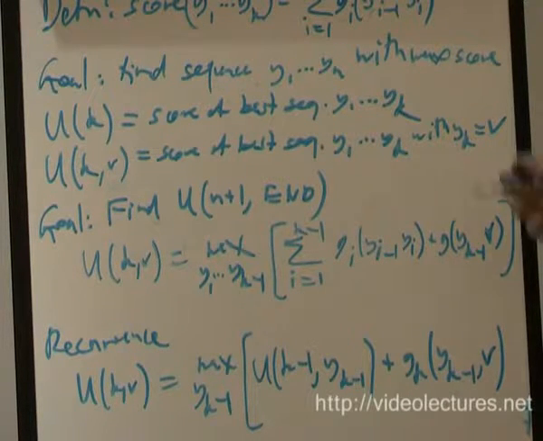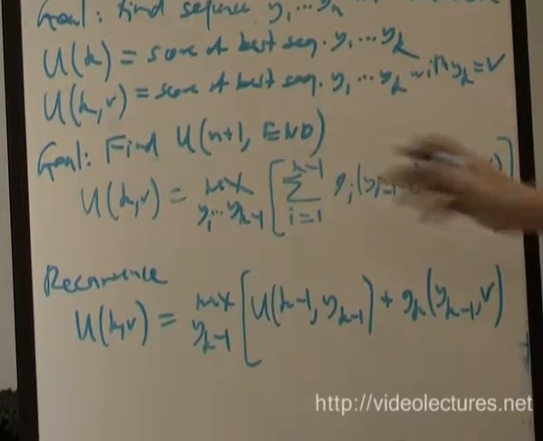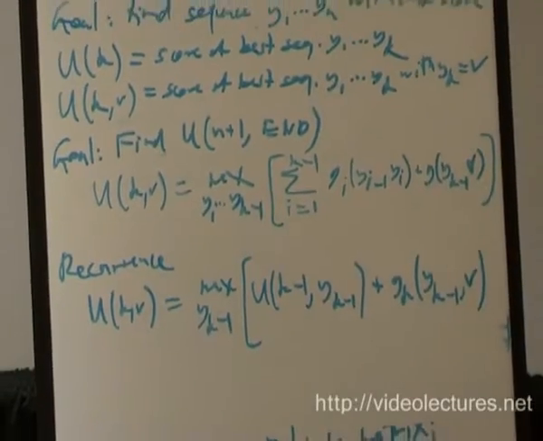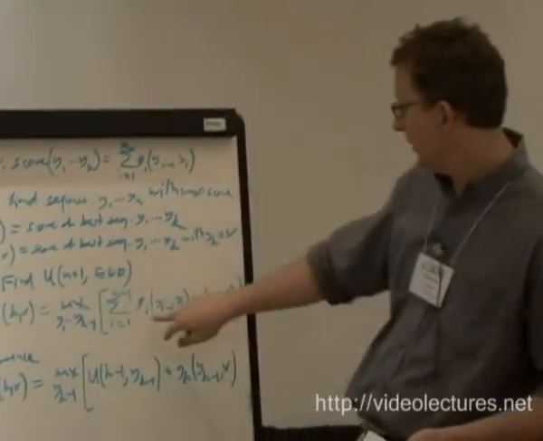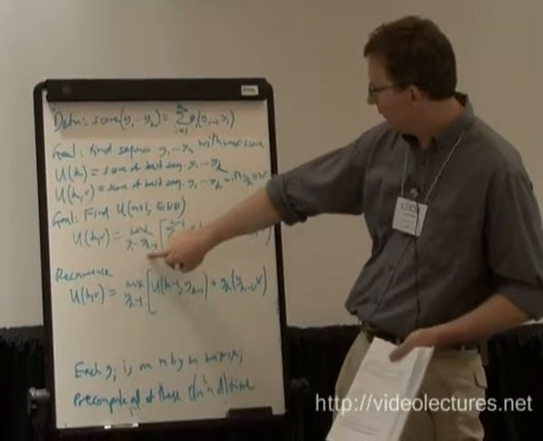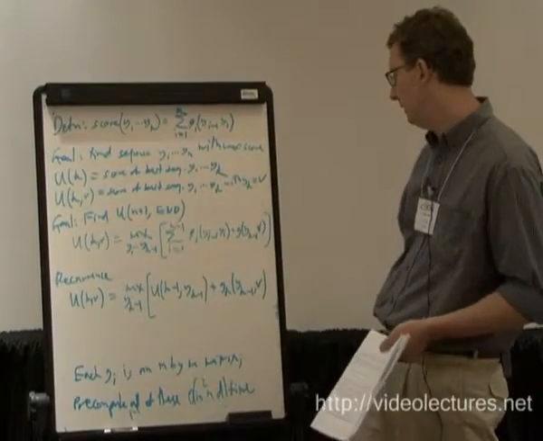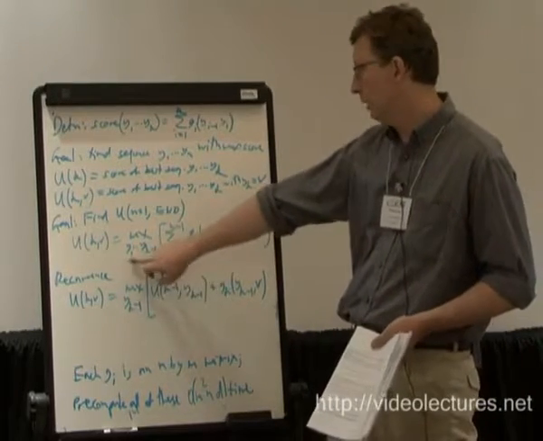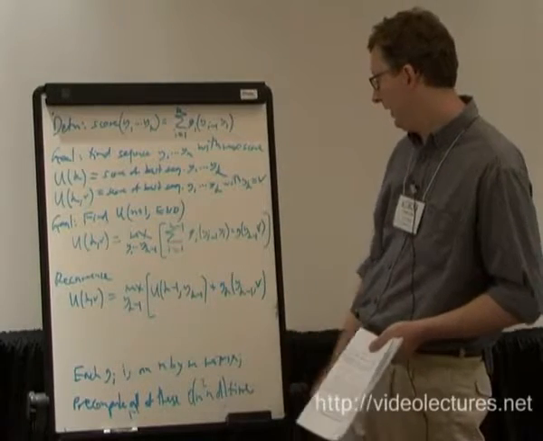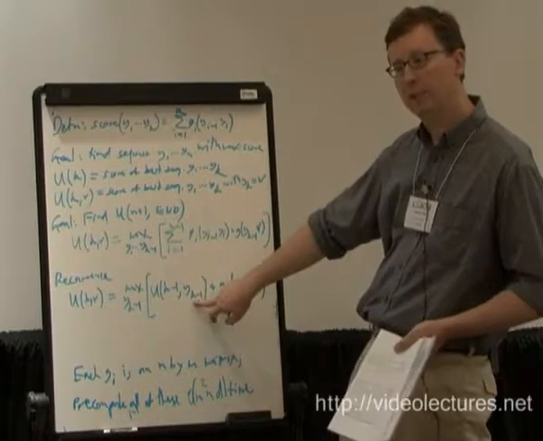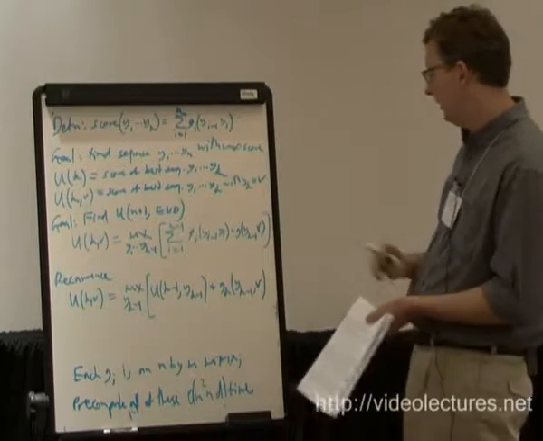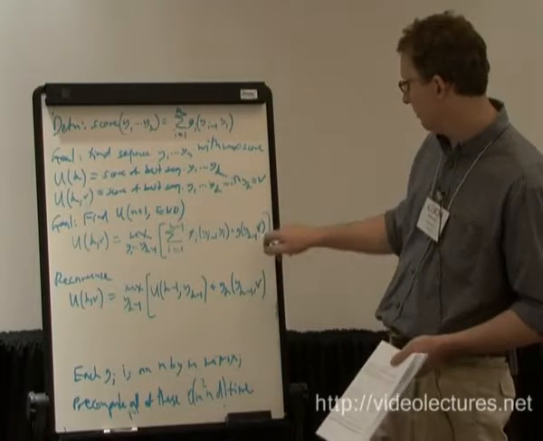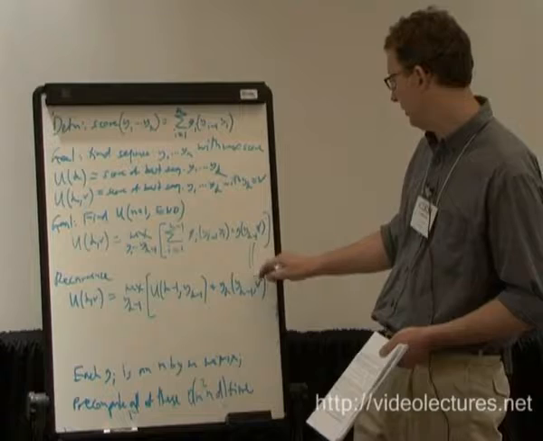But with this definition of the UKV function, I can write down a recursive way to evaluate UKV. So it's the max here over y1 to yk minus 1. It's the maximum over y1 to yk minus 2, and then ending in yk minus 1. But here I have gk of yk minus 1 and v, that's the same. So this goes to here.